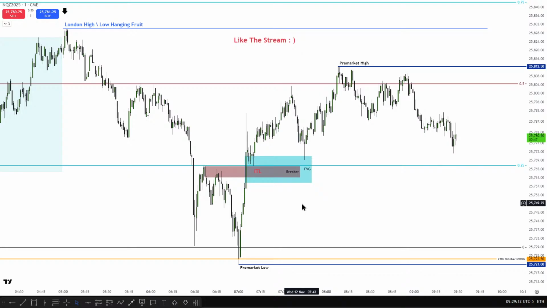To be honest, market structure and the way ICT teaches it, with intermediate term lows and long term lows and short term lows, it's already subjective enough, so I don't need any more additions to that. I'm good. Because you can say this is an intermediate term low, and this is an intermediate term low, and then this is a long term low.